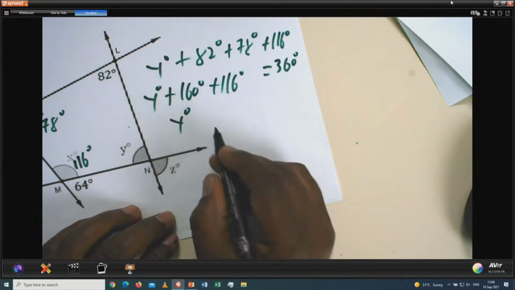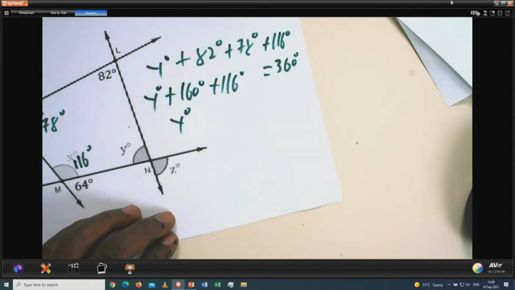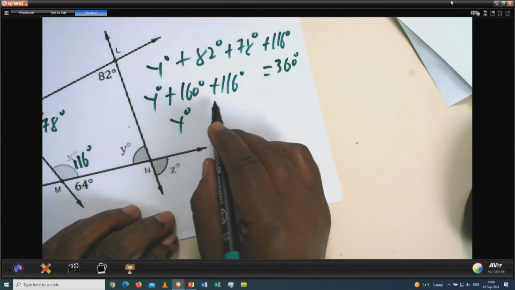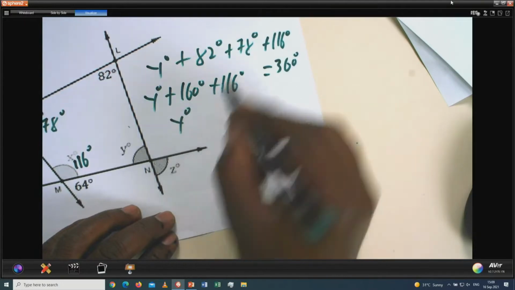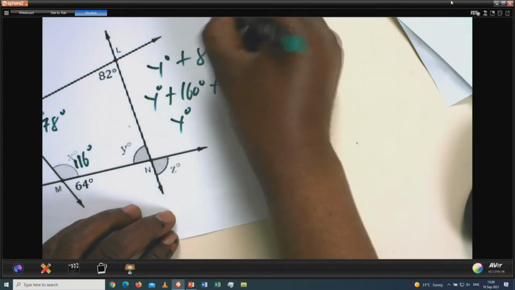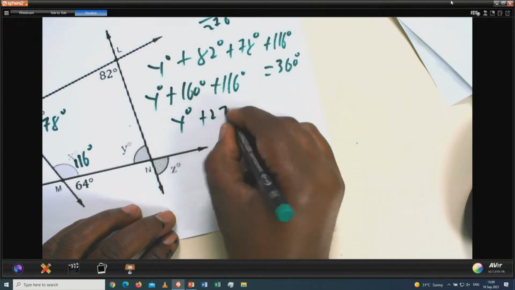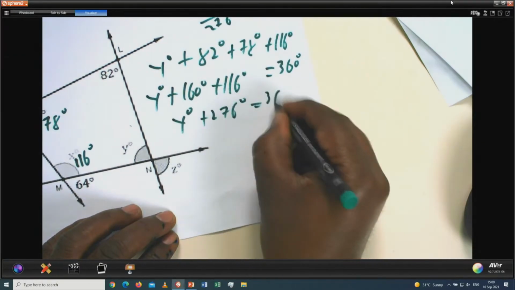That gives 276. So Y plus 276 equals 360 degrees.